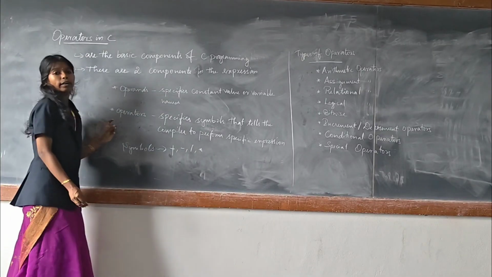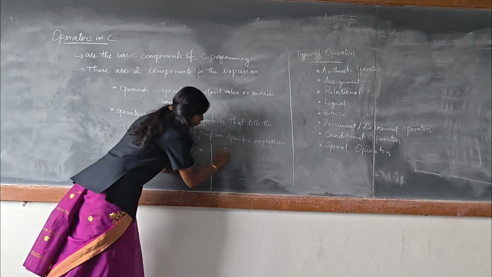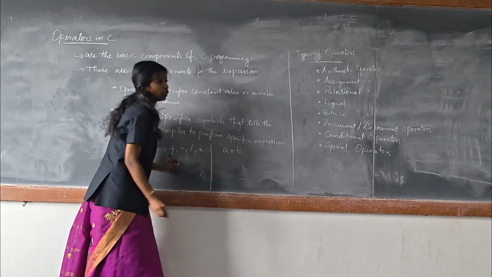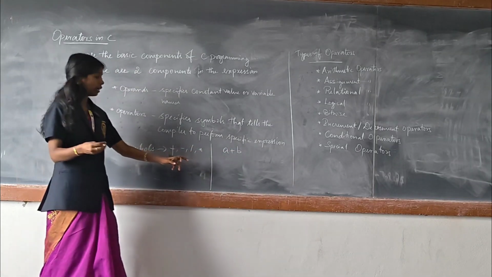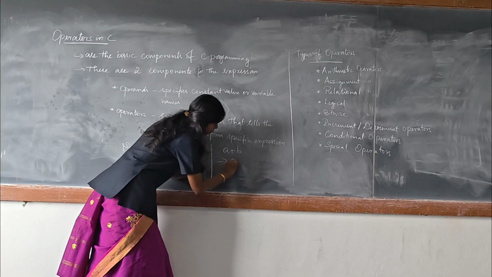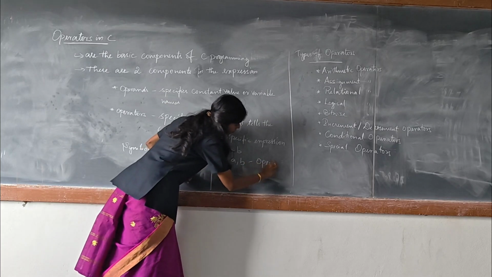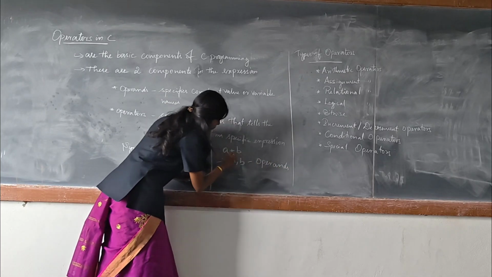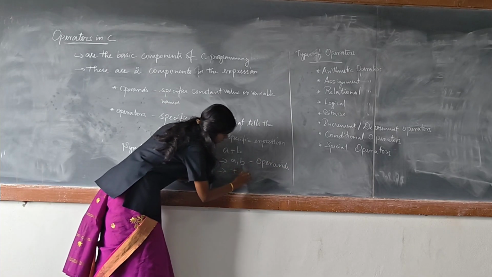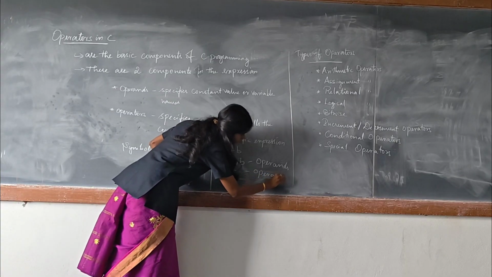For example, let me say A plus B. Here, what is the operator and what is the operand? The variable names A and B are the operands, and the plus symbol is the operator.